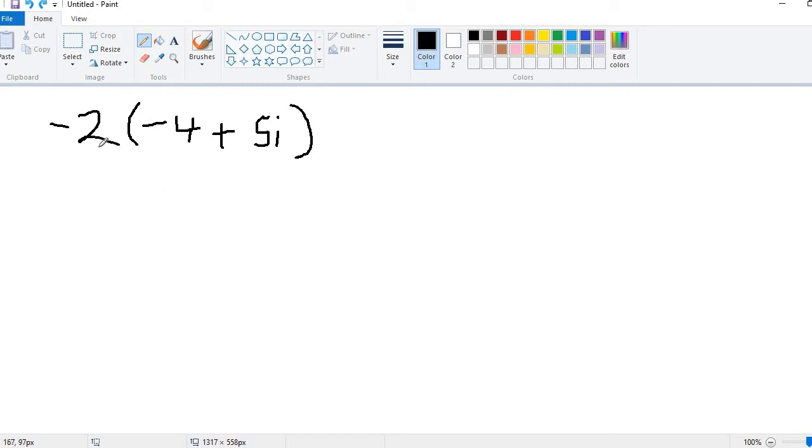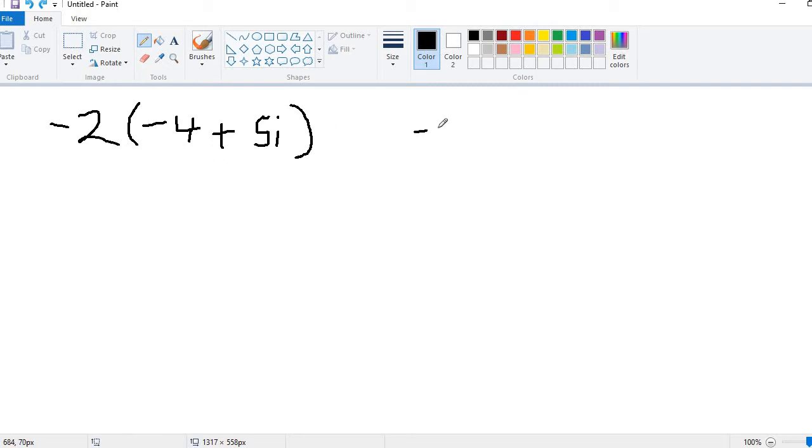So -2 multiplied by -4. We all know the rules: when you multiply a negative number with a negative number, it becomes positive. When you multiply a negative number with a positive number, it becomes negative. When you multiply a positive with a positive, it's a positive.